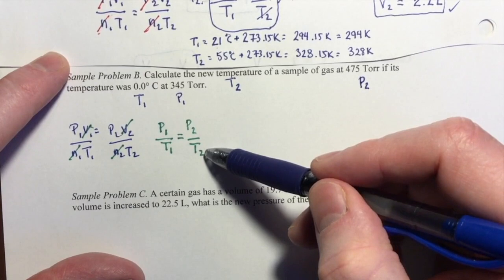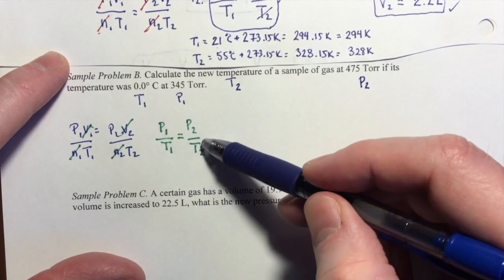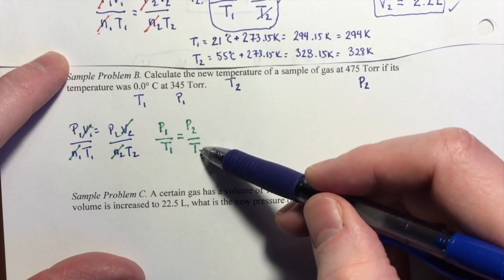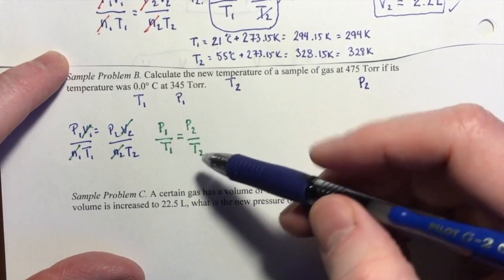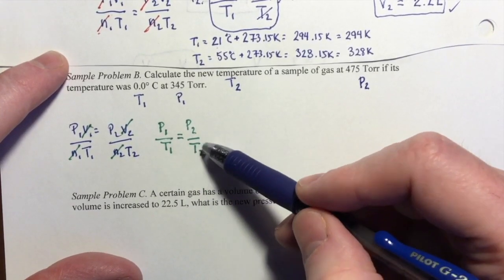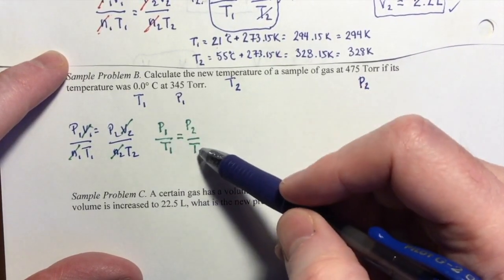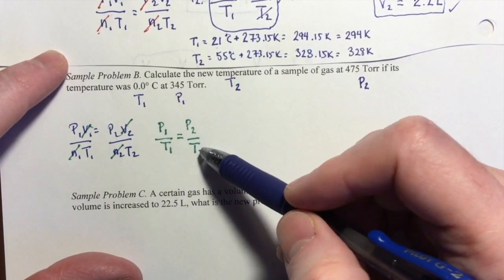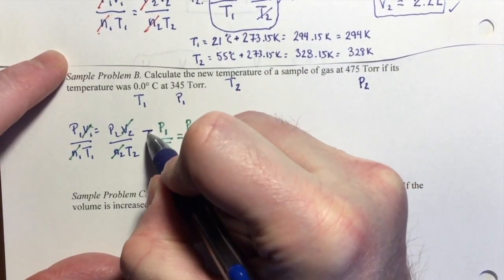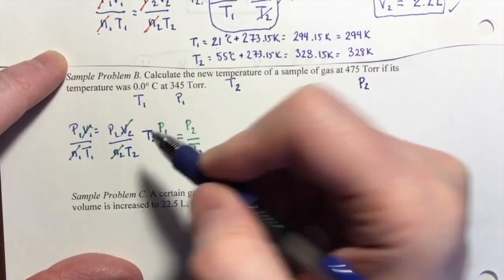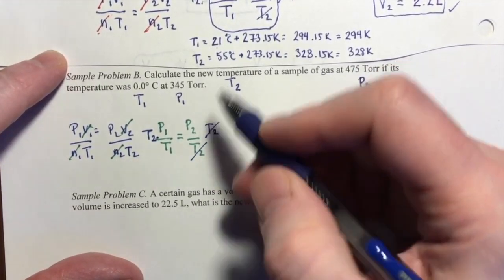So I need to solve for T2. Well, to do that, I need to rearrange this equation so that T2 is alone by itself on one side of the equation. So it's in the denominator here, so the first thing I need to do is get it in the numerator. And the way that we do that is we're going to multiply both sides by T2. And if I do that, it puts T2 in the numerator over here, and it cancels it over here.